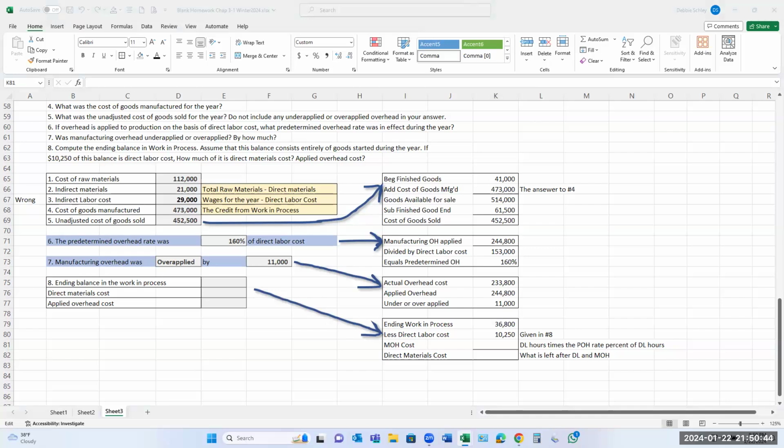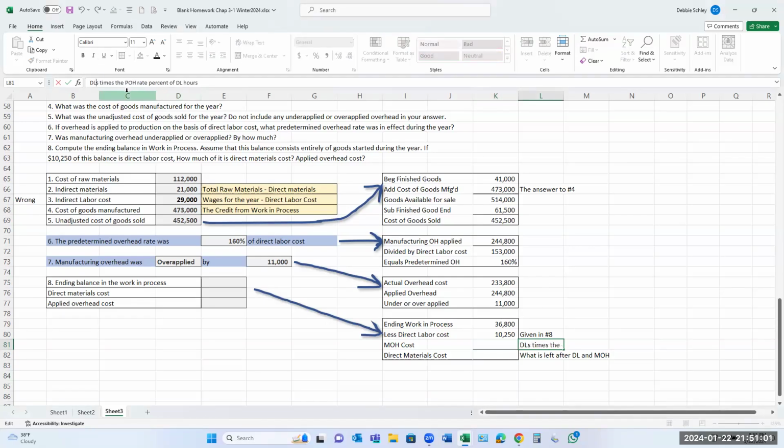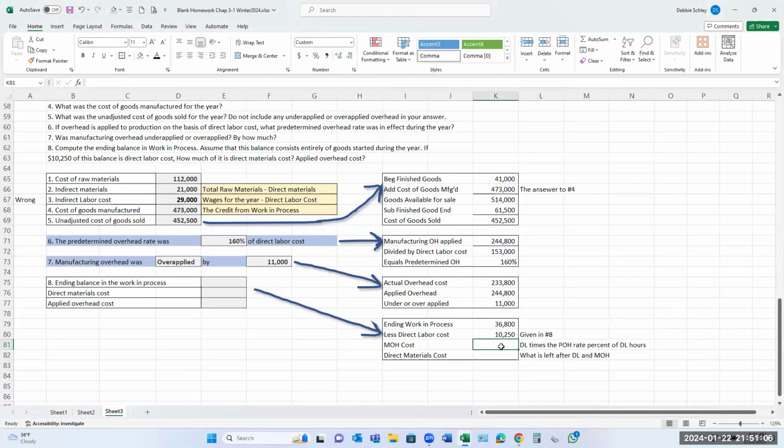Those numbers are right here in front of me. They gave me the direct labor, that shouldn't say hours, that should say cost. We're just dealing in dollars right now. Sorry about that. Okay, so we're going to take that direct labor cost that they told us in 8 and multiply it by that percent we got in required 6, so 160%.